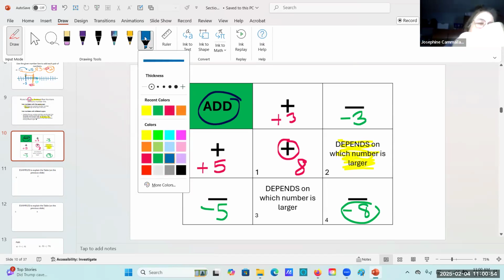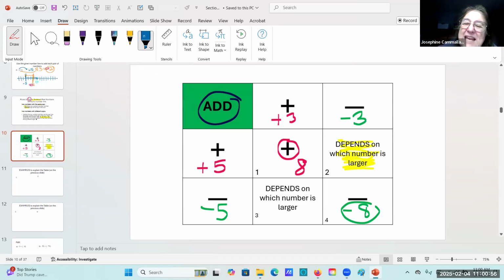And I'm going to give you an example. If we take a positive 5 and a negative 3, this number's bigger. This will give us, in this case, a positive 2.